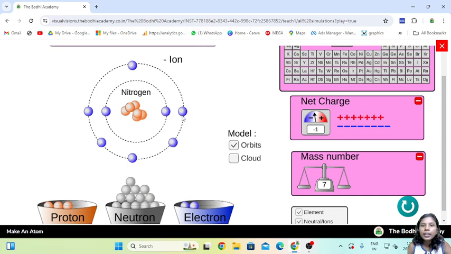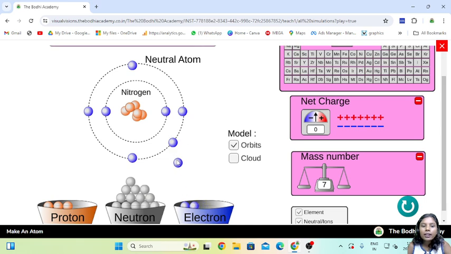When any element has an extra electron more than what it should have, you get a negative charge. The minute it is having something less, it gets a positive charge. So now if I add 1, it becomes the neutral atom. Now this is what it is supposed to have.